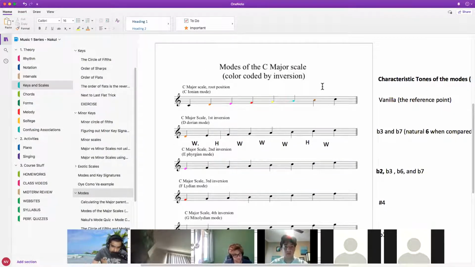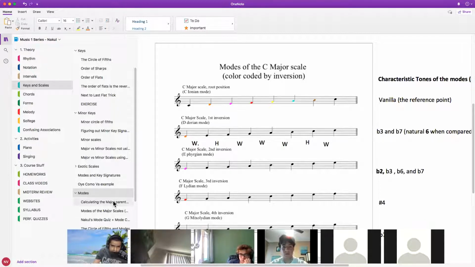The idea that you can invert the scale, meaning I'm just shifting the scale. Do you see that I'm shifting the scale by a different note? Instead of starting on this black note, I'm starting on this orange note, using the same notes of the scale, and I'm getting a different mode, right?